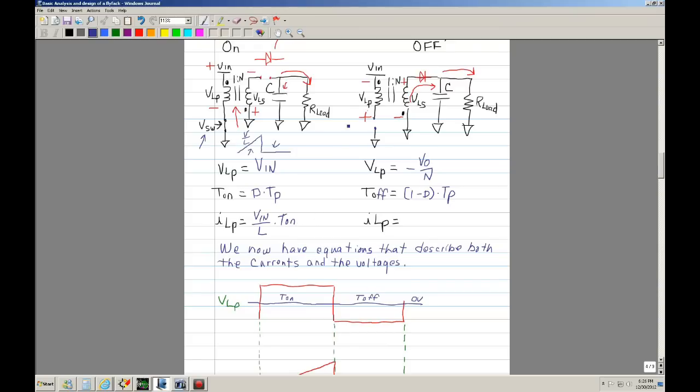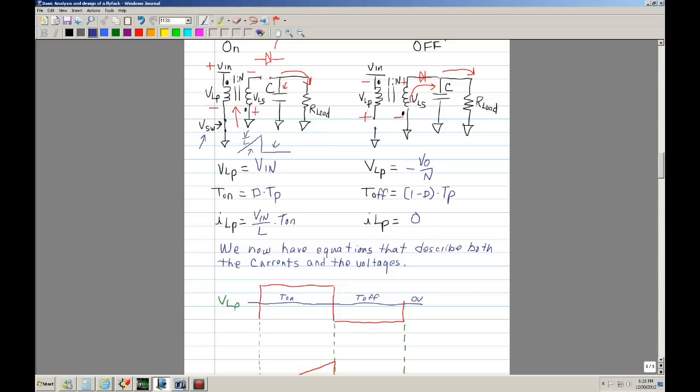Now if you look in the off cycle, the switch is open, so there's no current in here. So during the off period, the current going through the primary is 0.